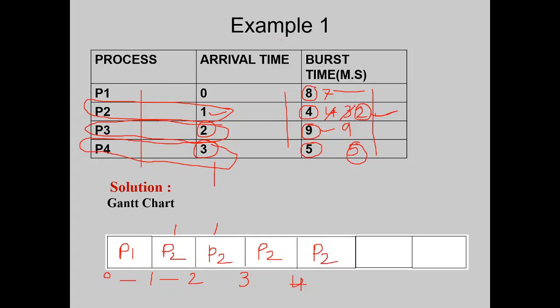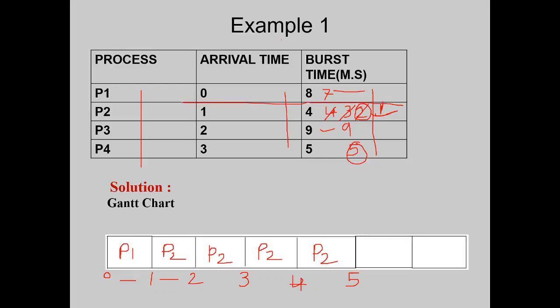So already out of 2, one more unit process P2 has completed, so only one unit is remaining here. So the last one unit, the process P2 will complete here. You can check out this 1 unit, 2 unit, 3 unit and 4 unit. So process P2 has completed its full execution.